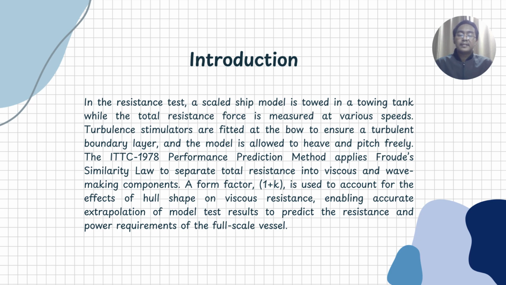The ITTC 1978 performance prediction method applies Froude's similarity law to separate total resistance into viscous and wave-making components. A form factor, 1 plus k, is used to account for the effects of hull shape on the viscous resistance, enabling accurate extrapolation of model test results to predict the resistance and power requirements of the full-scale vessel.